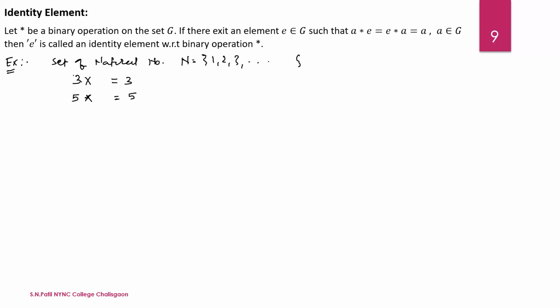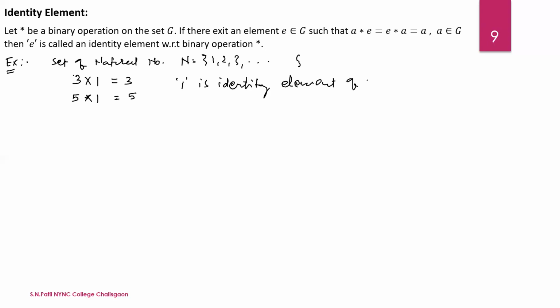So 3 is multiplied by which element so that we get 3? That is 1. When we multiply 5 by 1, we get 5. So 1 is an identity element.